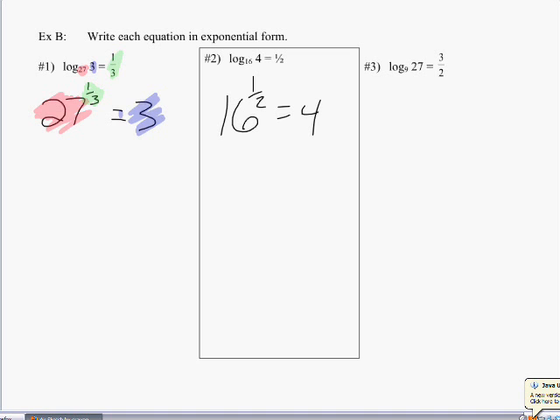Which is saying the same thing as the square root of 16 is 4, which we would all agree is true. Good. How about number 3? That's great. If you can remember how to change from one form to another, it's going to save you a lot of heartaches for a lot of problems, I would assume.